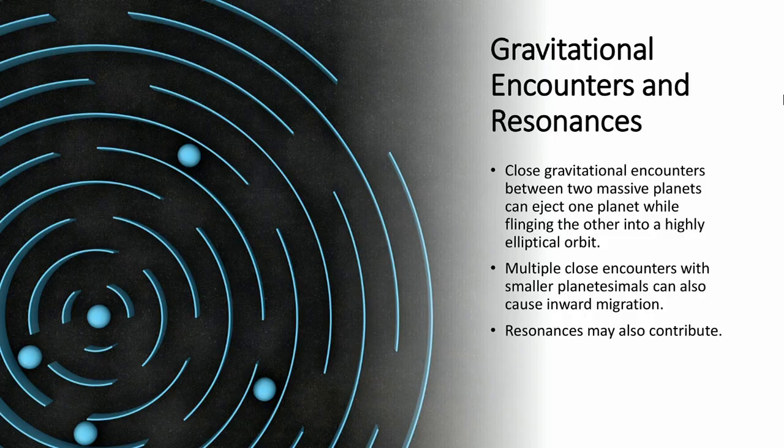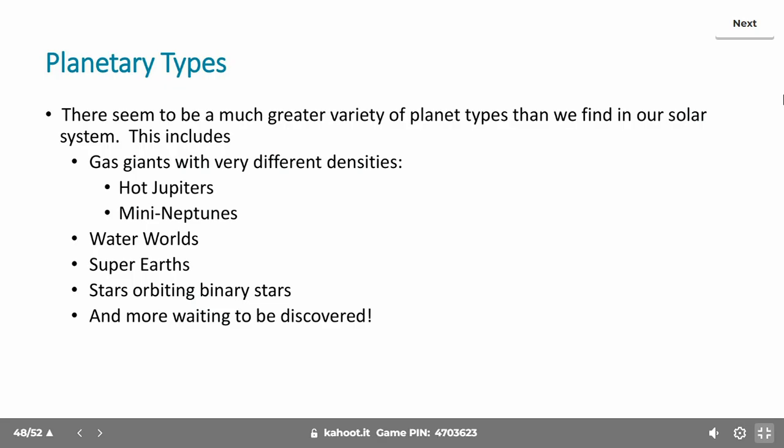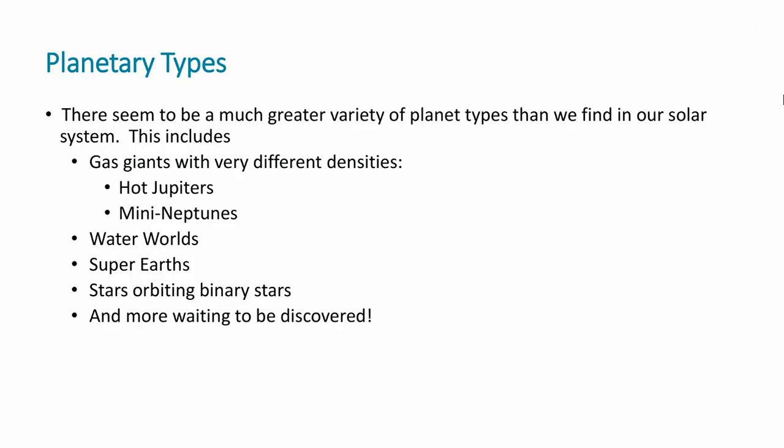And then we talked about how resonances are responsible for the different gaps in the asteroid belt. Maybe different orbital resonances can disrupt some of the gas planets enough that one of them will start orbiting closer to their host star.